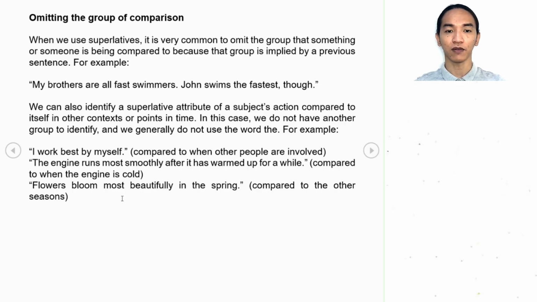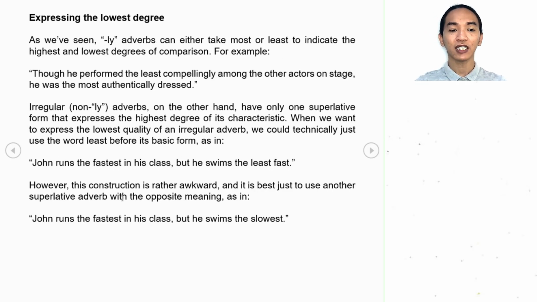So now, expressing the lowest degree. Now, this is just the opposite of most. We've seen that ly adverbs can either take most or least to indicate the highest and the lowest degrees of comparison. So we just use least to talk about the lowest degree.